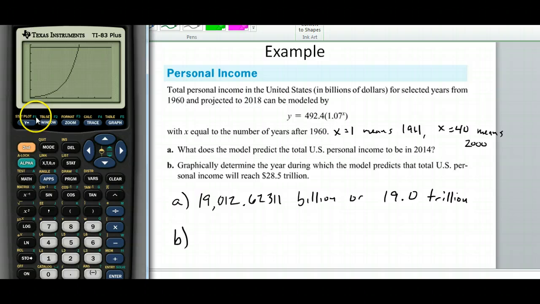So there's the intersection. Find the intersection, option 5. First curve, that's it. Second curve, that's it. And our guess is right there. So 59.98, around 60 years until it gets to 28.5 trillion.